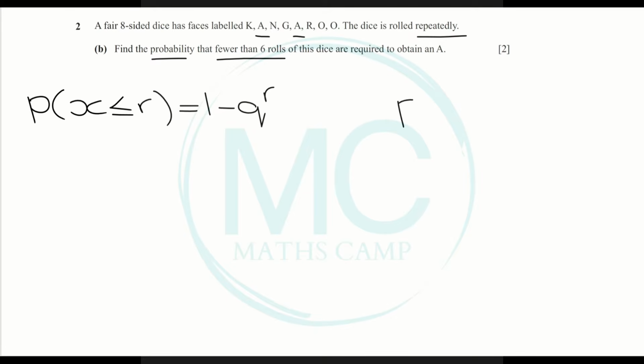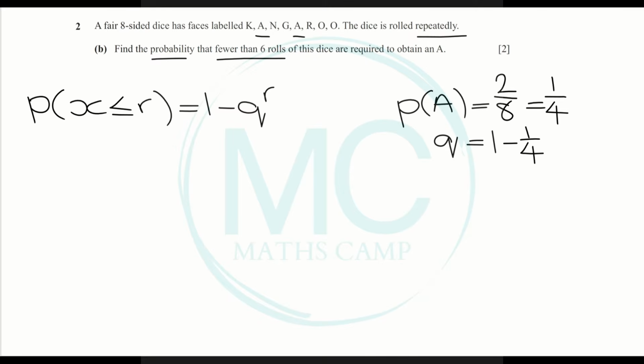So we can say the probability of A must be 2 out of 8. Let's simplify, and we get 1 over 4. Q is the probability of not rolling an A. So we can see that Q must be 1 minus 1 over 4, which gives us 3 over 4.